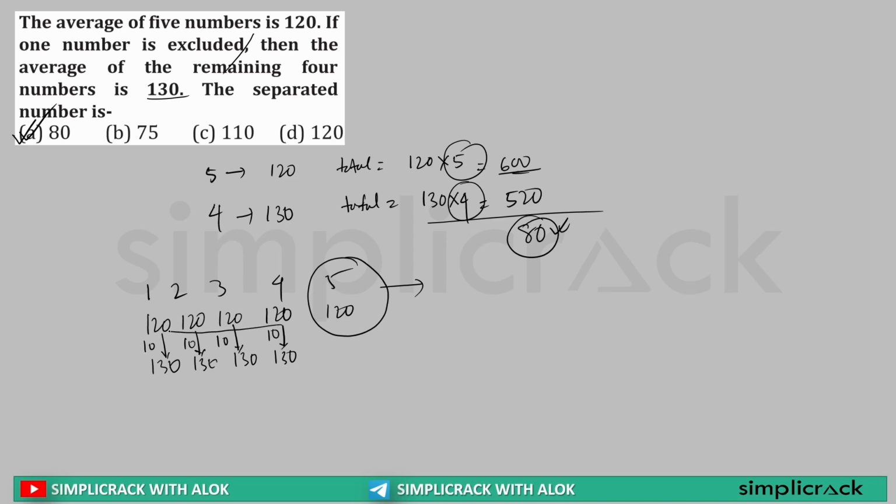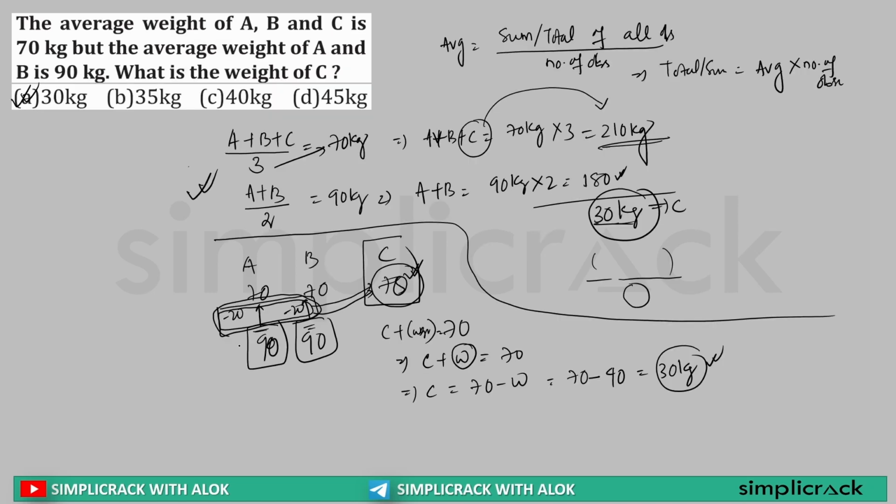If their average has been increased by 10 each, that means these things were actually distributed over here. That's why their average was 120, because in the previous case, B's weight was actually 90 kg, but because of C's weight which was lesser than A and B, their excessive weight was distributed to C, right?